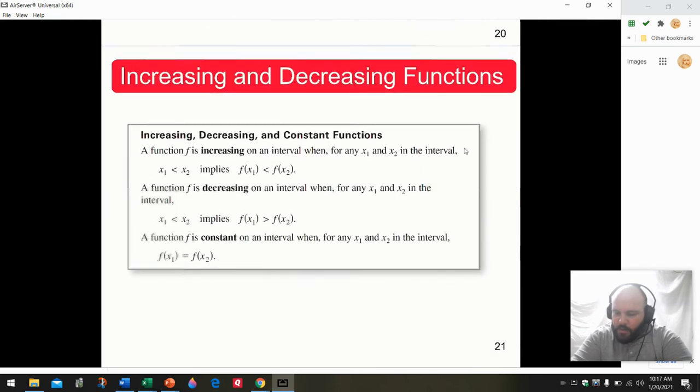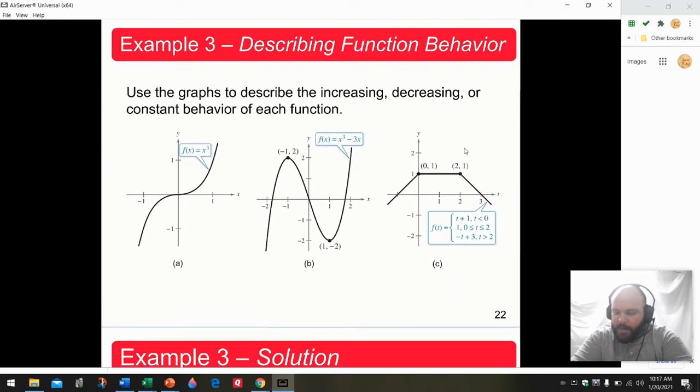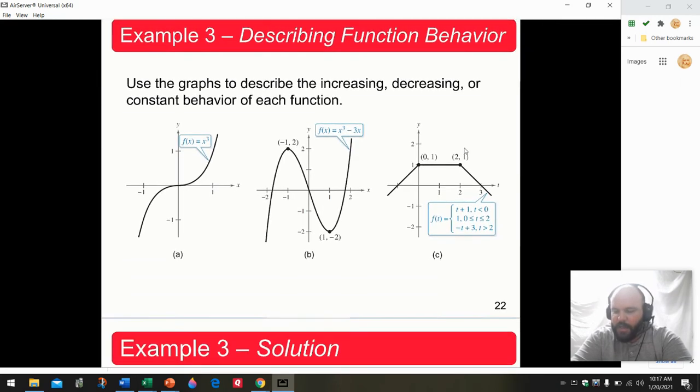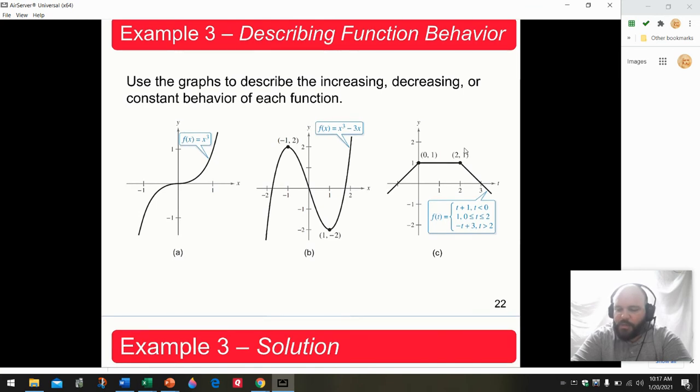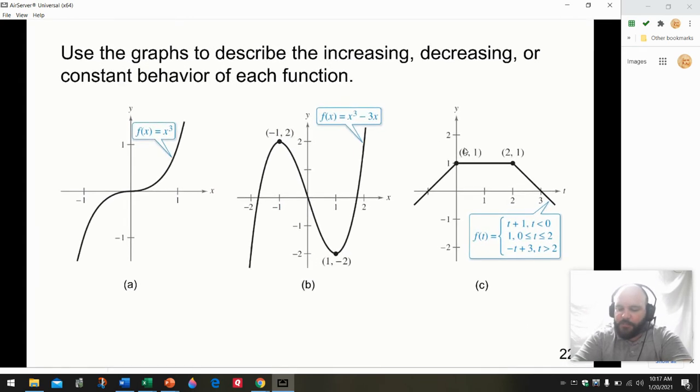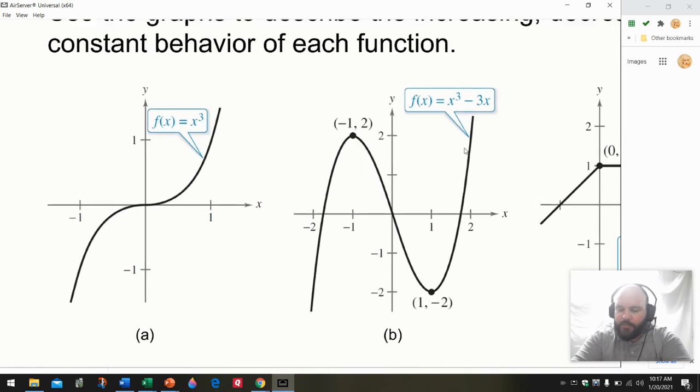And so I'm going to skip that and go right to another example. This is going to have you use the graphs to describe the increasing, decreasing, or constant behavior of each function. If we're looking at this first one, if I were to trace this graph with my finger, you can see starting from the left, it's increasing, flattens out for just a second maybe, but then it's still increasing.